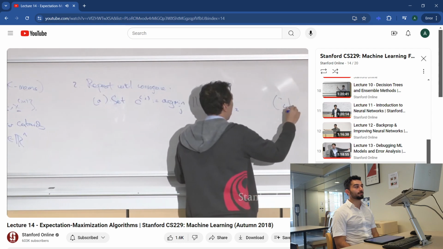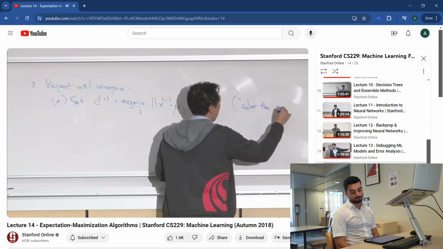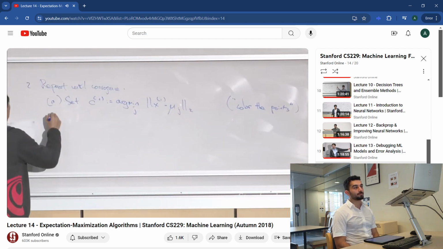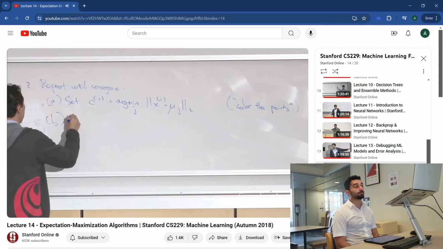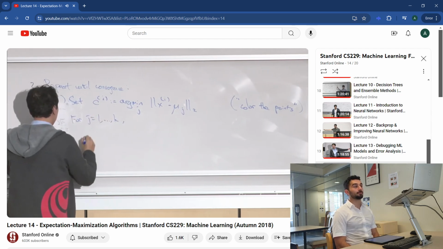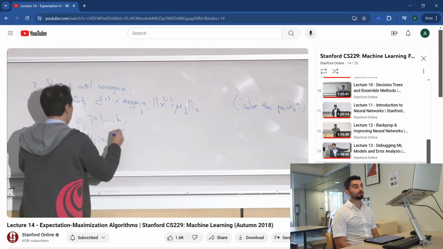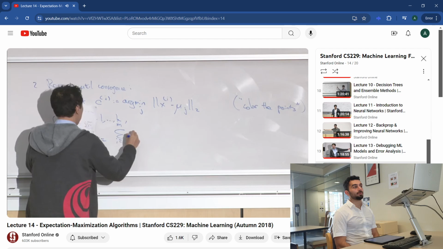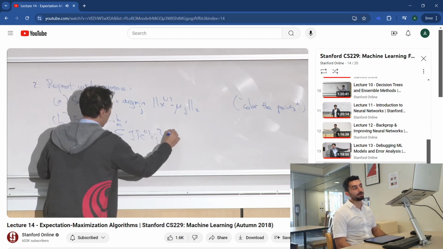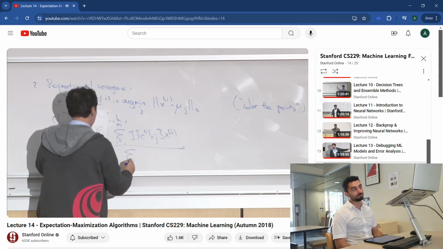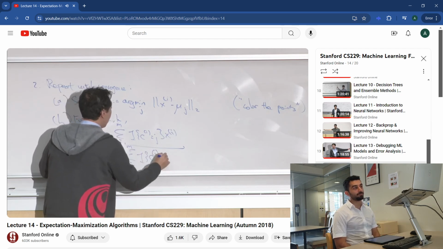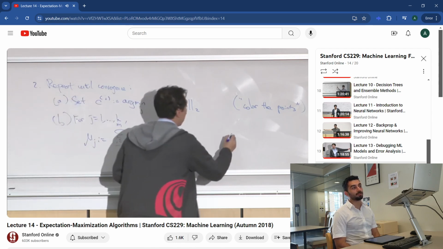So this is an arg mean. Just write this down. Color the points. So we have j point, n points. Where are the xi coming? Oh, okay, minimum distance from mu j. Perfect, is called cj.